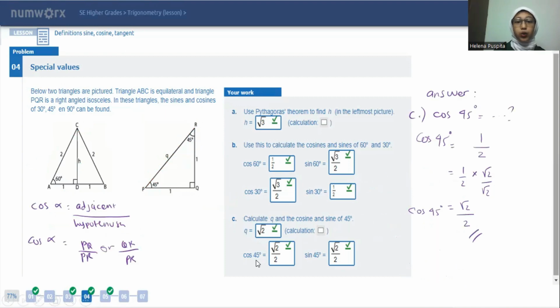Now cos 45 degrees. The formula cos alpha equals adjacent over hypotenuse. So cos 45 degrees equals PQ over PR, or QR over PR.